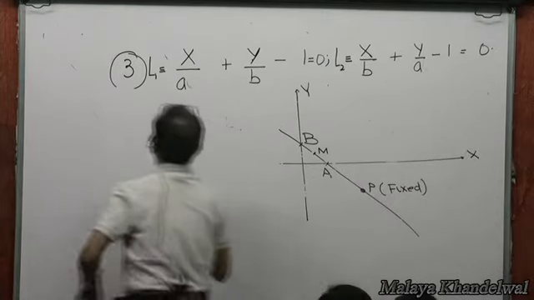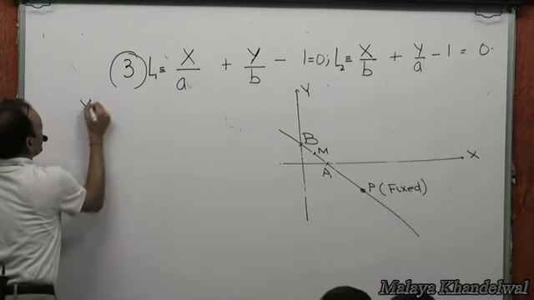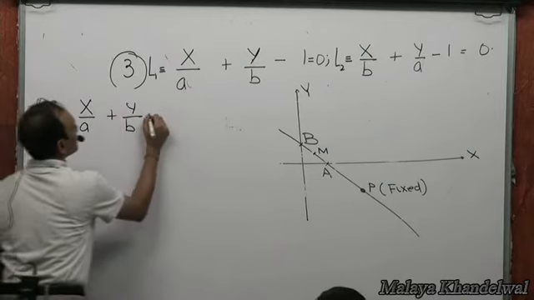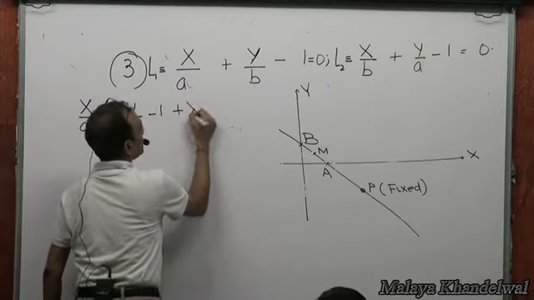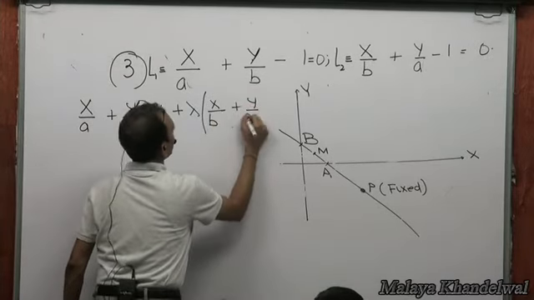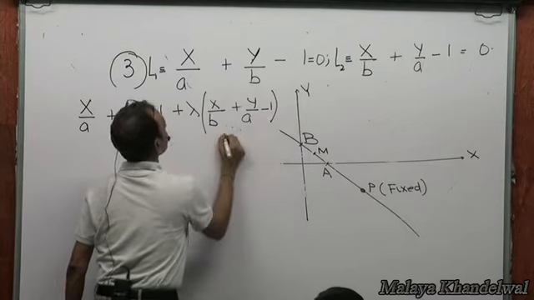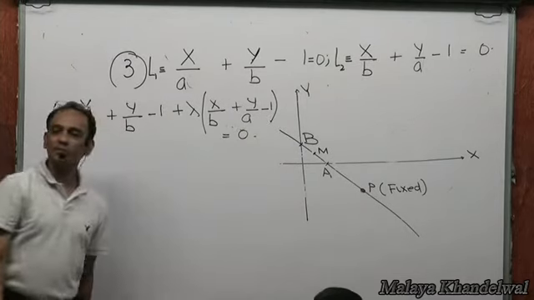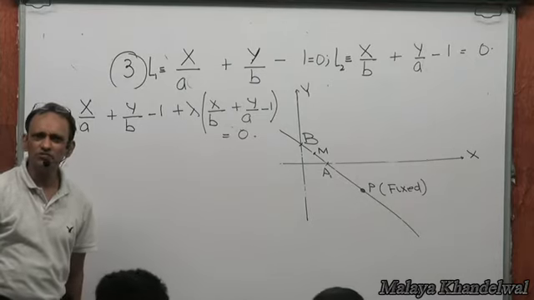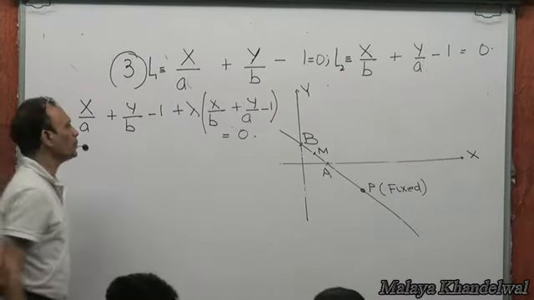Now, this line x by A plus y by B minus 1 plus lambda into x by B plus y by A minus 1 equal to 0 will be a line always passing through this fixed point P. Are you confused? No?